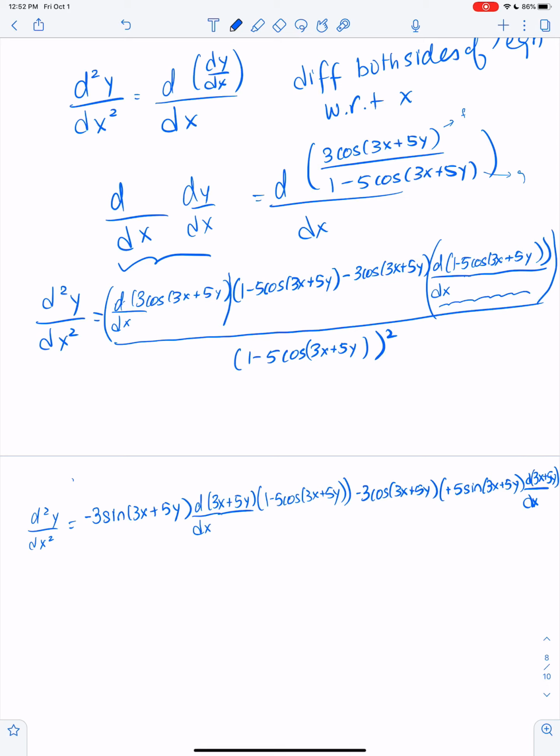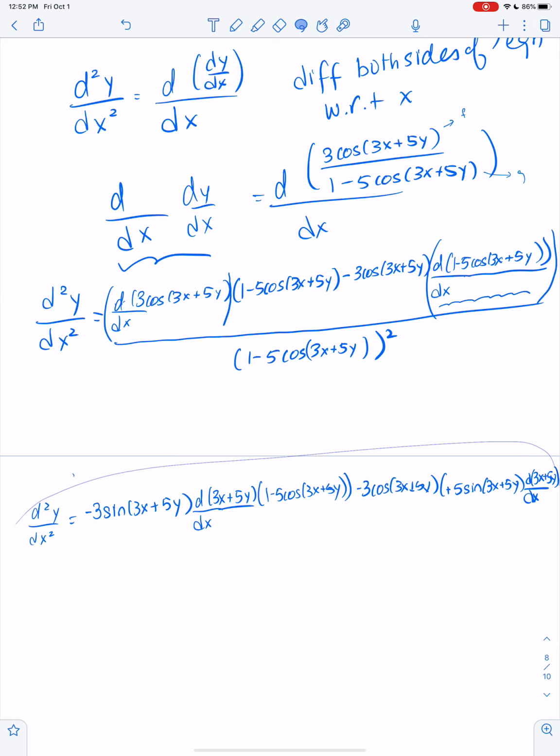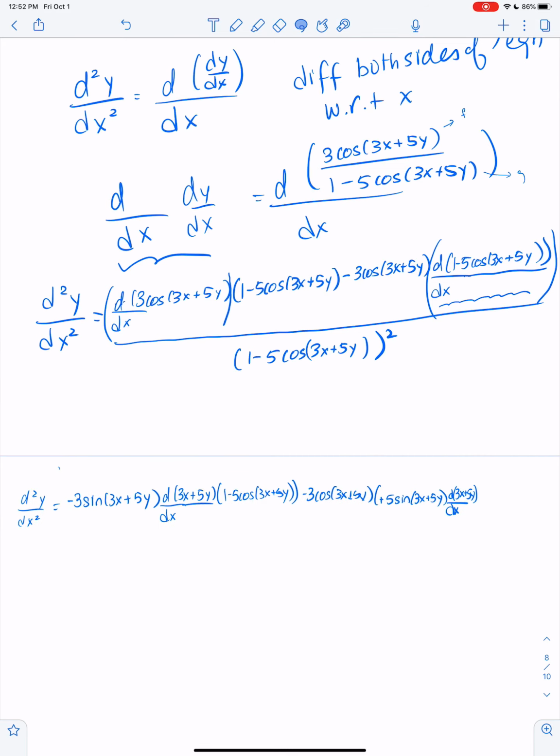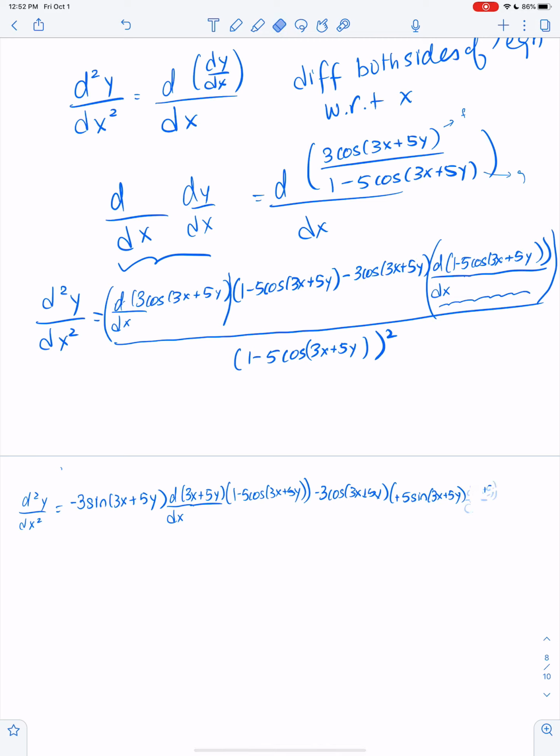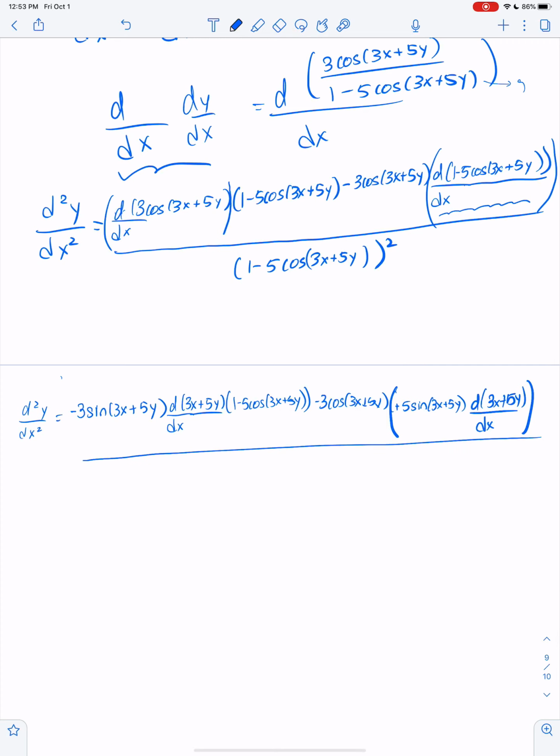Okay, and then the whole thing is divided by 1 minus 5 cosine 3x plus 5y, the whole thing squared.